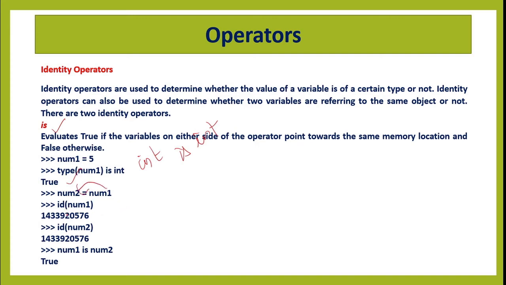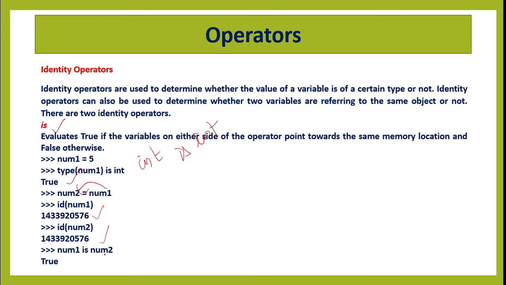Then we are assigning the num1 value to num2. Okay. Then we are using the id function to get the id of the variables. So first id of num1 is 143392056. Then again we type the instruction id of num2. So both produce the same result. Okay, so which means it is the same object.